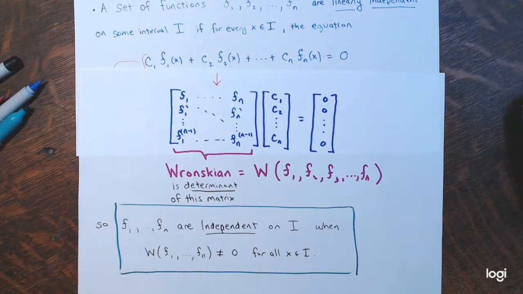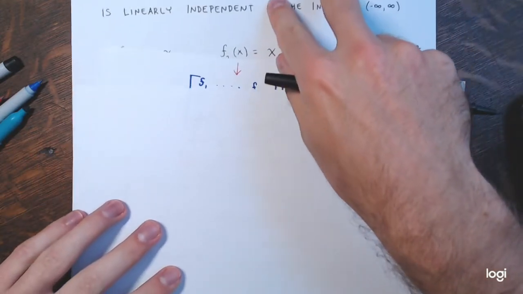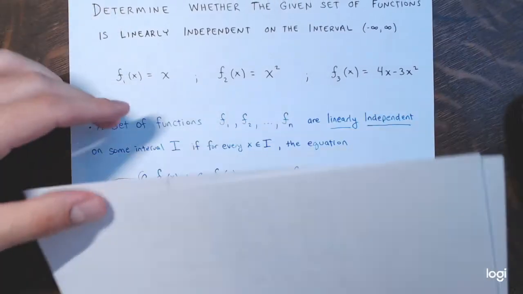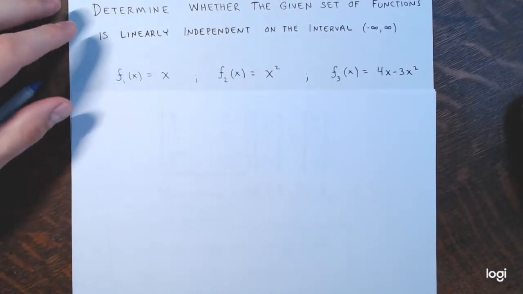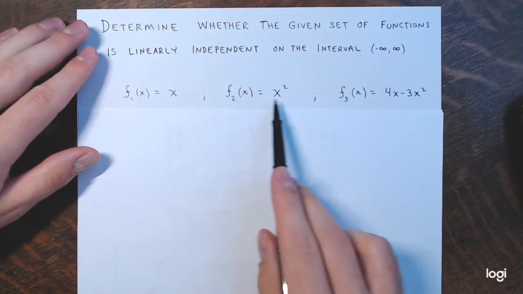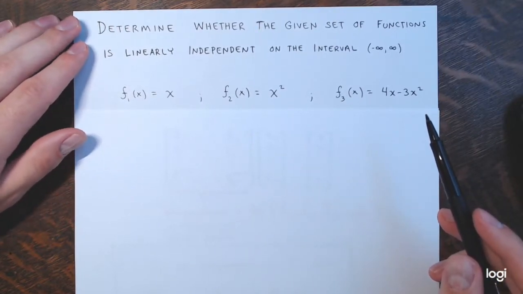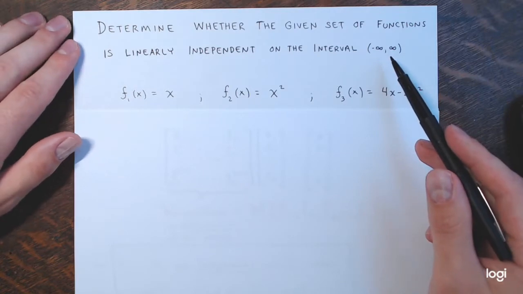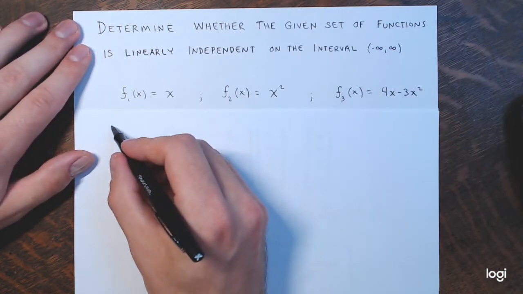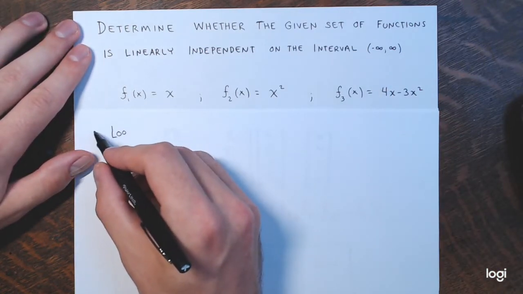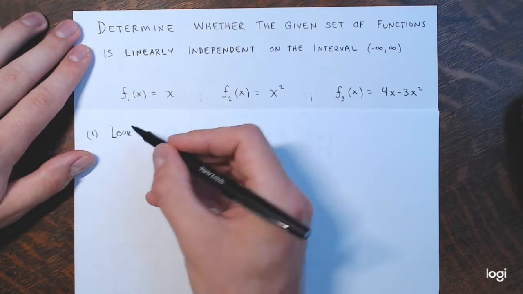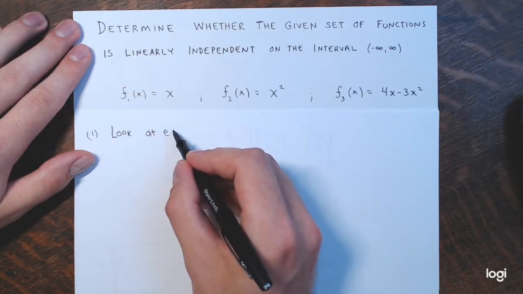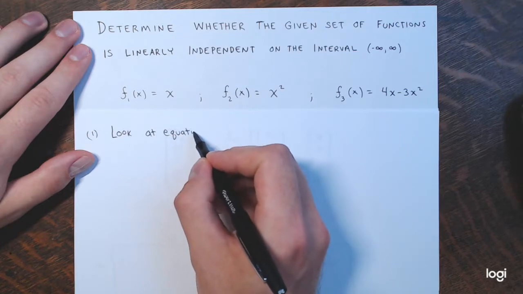Okay. So back to my question. These three functions, f1, f2, and f3, I'm asked, are these functions linearly independent or dependent on the real number line, for any x? So one way I'll do it is to look at that equation.